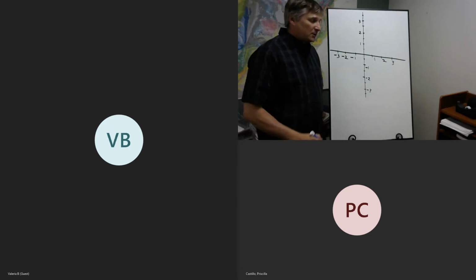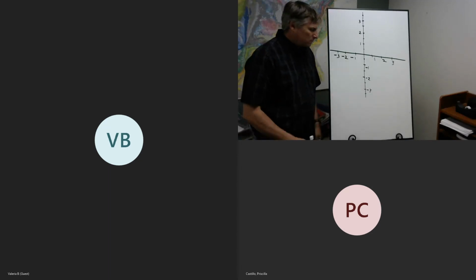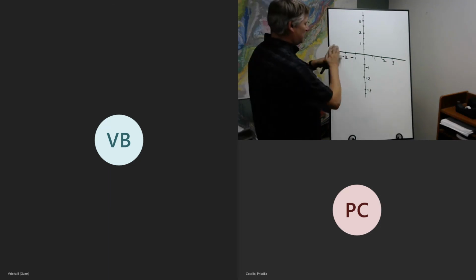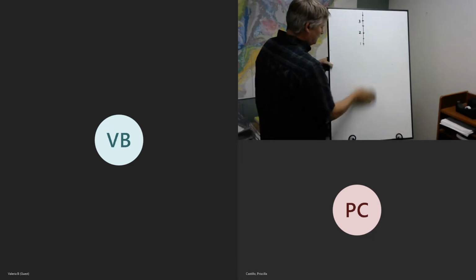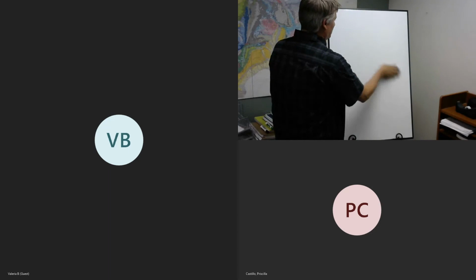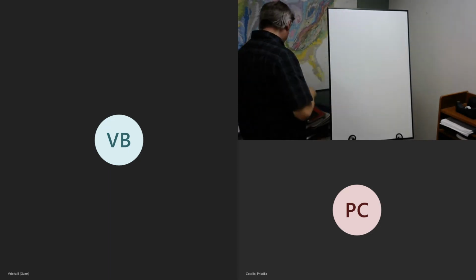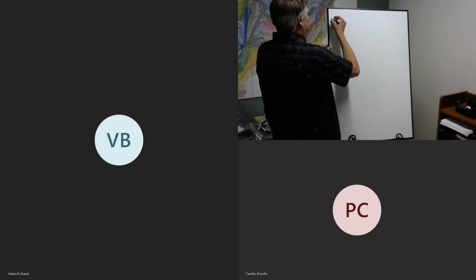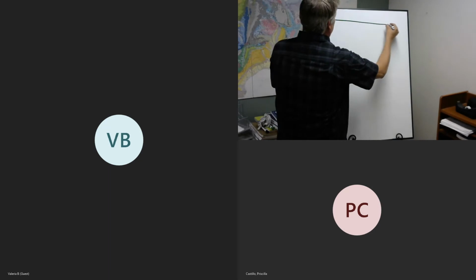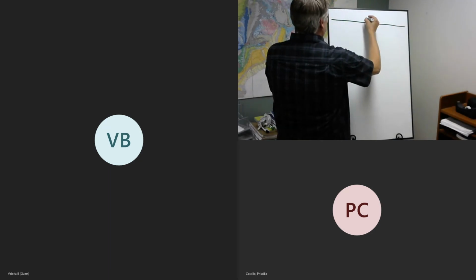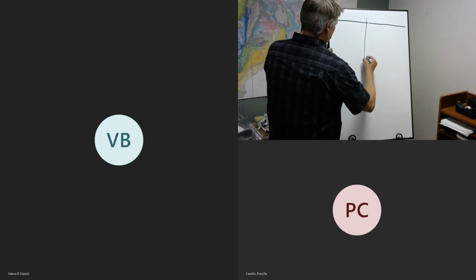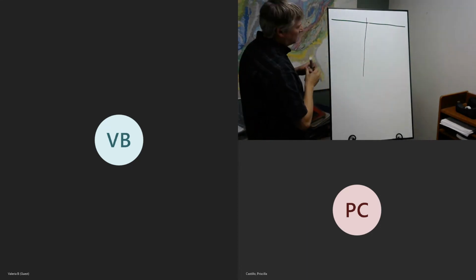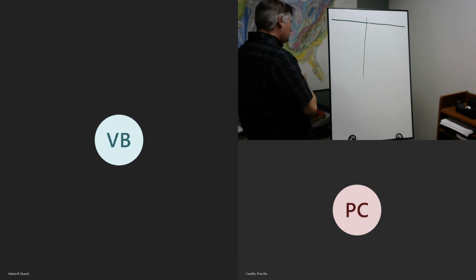So for the first equation, oh, actually, it was negative 7 halves. I'm sorry. Let me change this a little bit. Actually, there's a better way of doing this, I think.